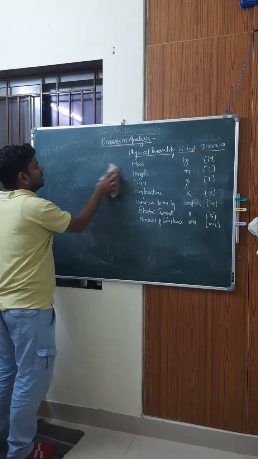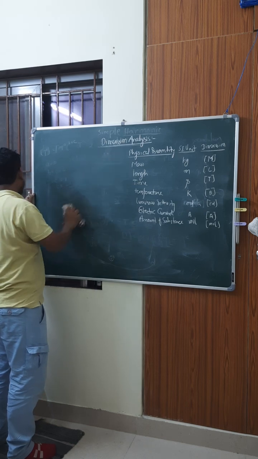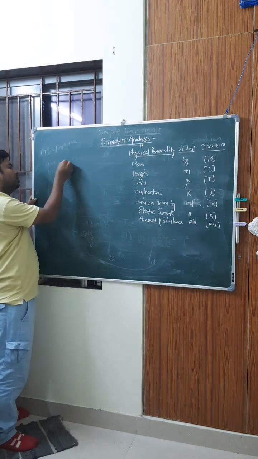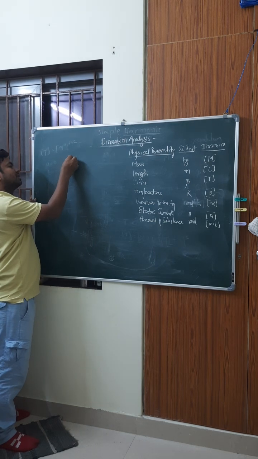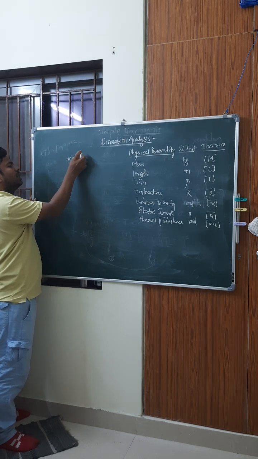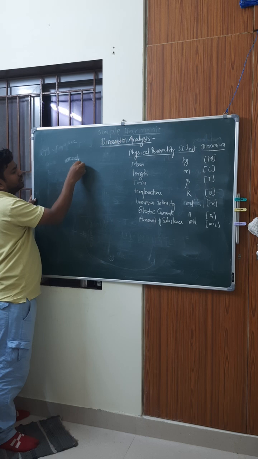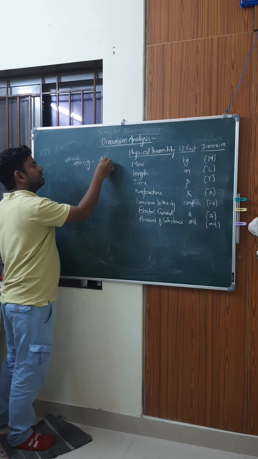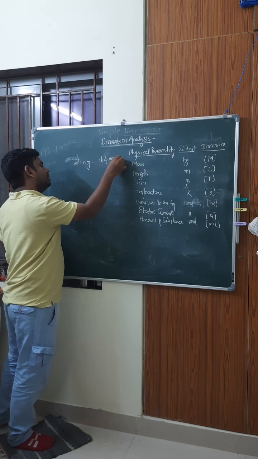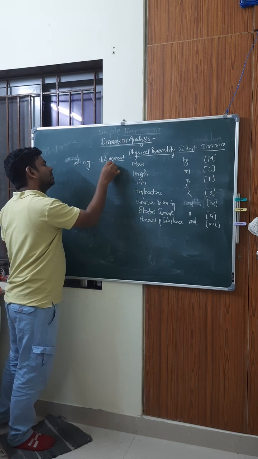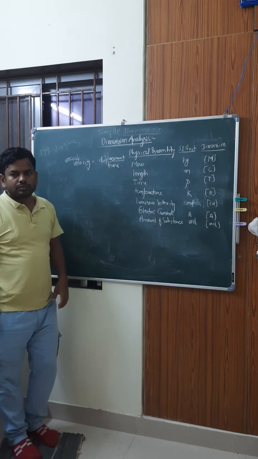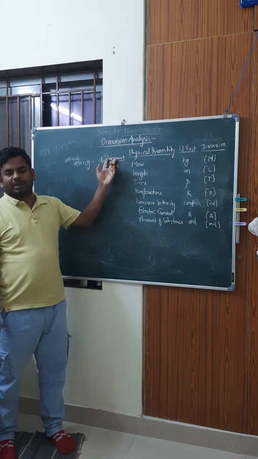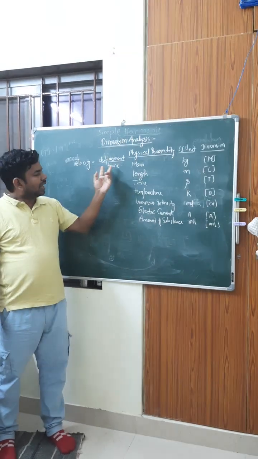How will we write the dimension of some derived physical quantity, not a fundamental quantity? The best example is acceleration. But before acceleration, let's see velocity. We all know velocity is displacement by time. Displacement is length and time is time.